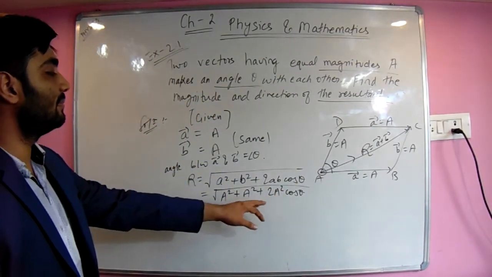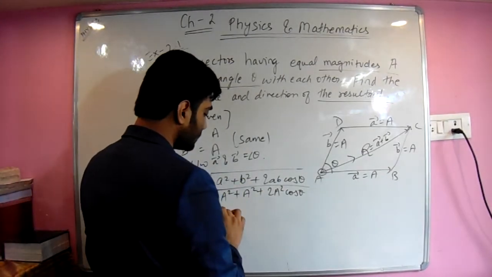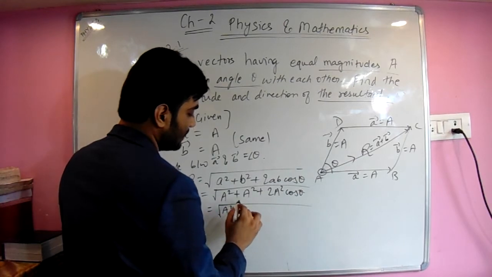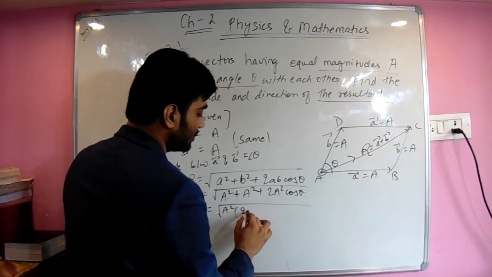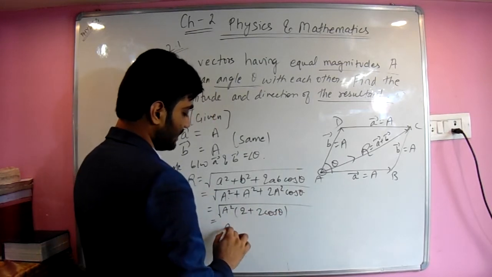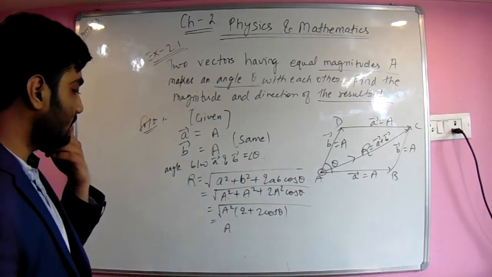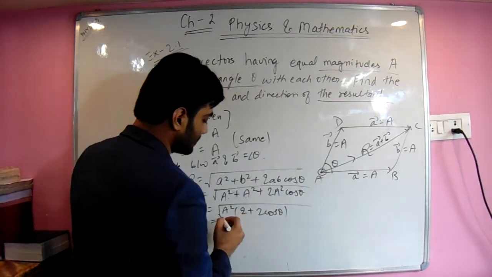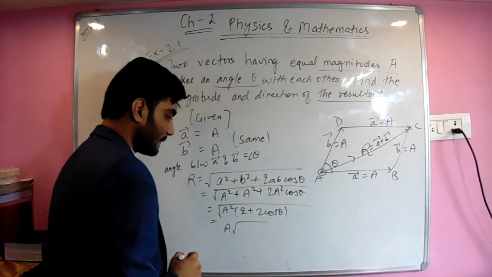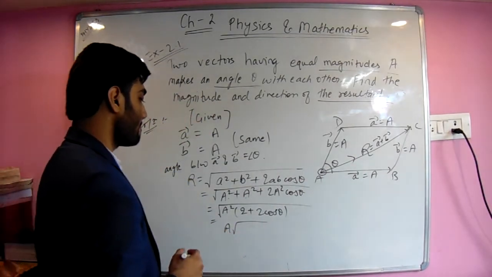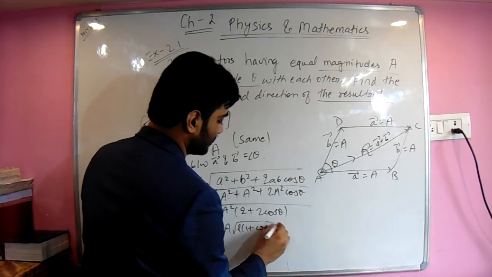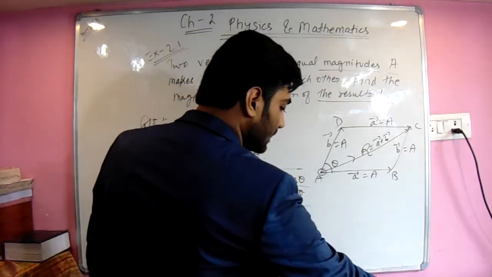Now A squared being common, 1 plus 1 is 2, then 2 plus 2 cos theta. A comes out, and the 2 inside, root 2, comes out: root 2 A, 1 plus cos theta.